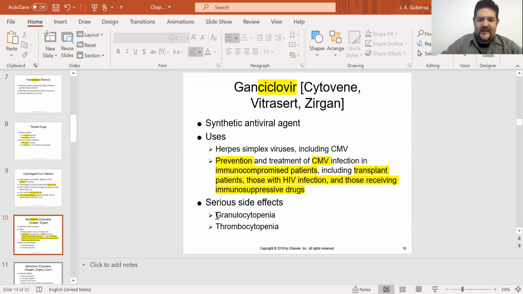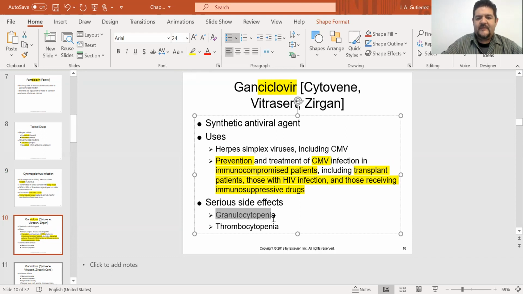So what's gonna happen? We're gonna have granulocytopenia. That means that the neutrophil, basophil, and eosinophil don't have granules.